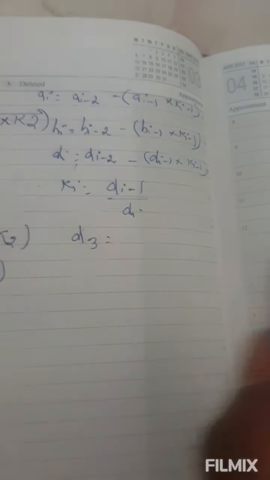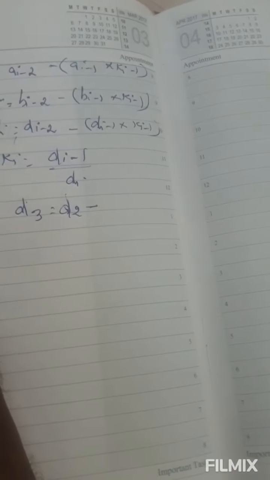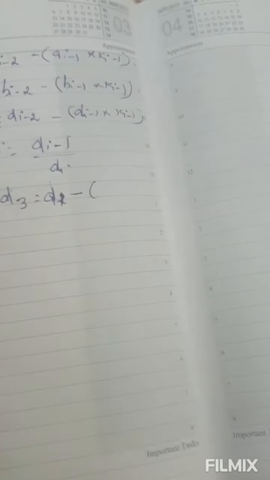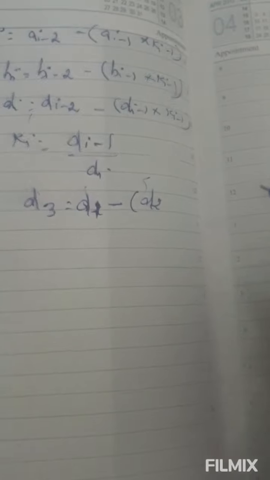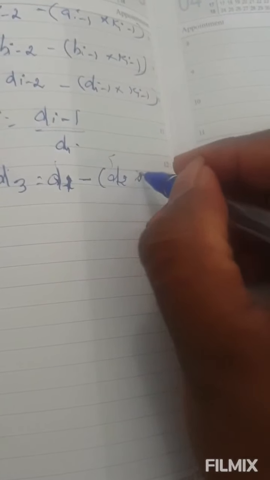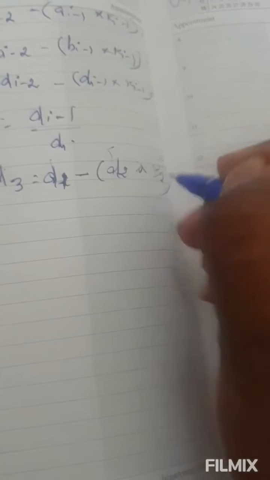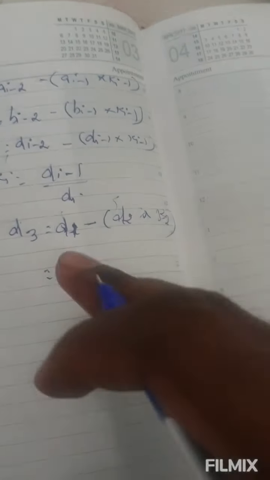So if I replace I equal to 3, the value here is d1 minus d2 into k2. Okay, what is the value of d1? The value of d1 is 20 from the table. When we look at the table, the value of d1 is 20.